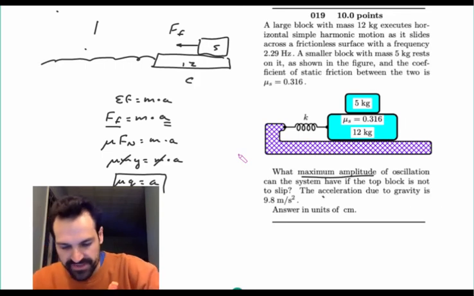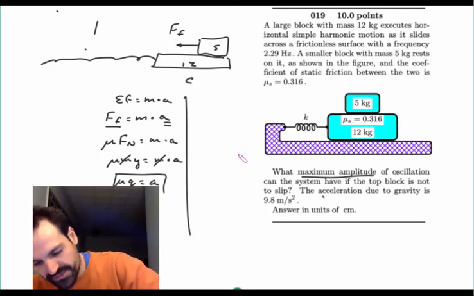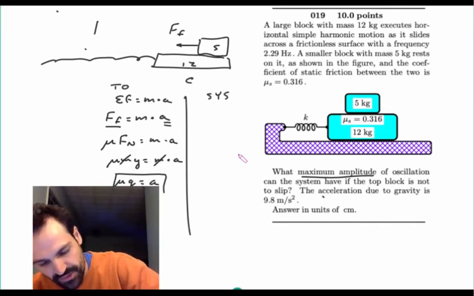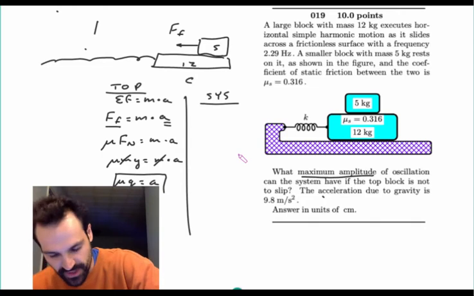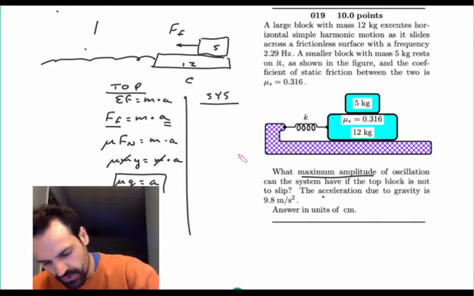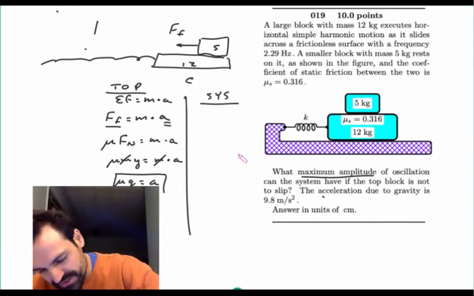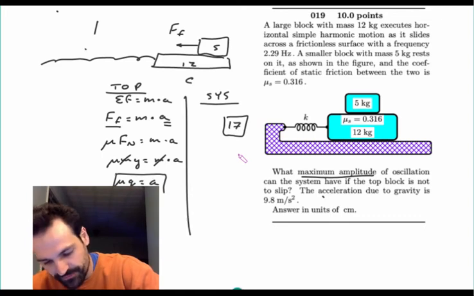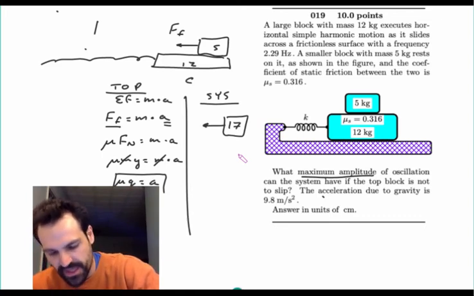We have to find the max amplitude, and for that, that's where I'm going to look at it as a system. So this is for the top block over here, and for the system on the right side. So now we have a 17 kilogram block, where the only force acting on that is the force of the spring.